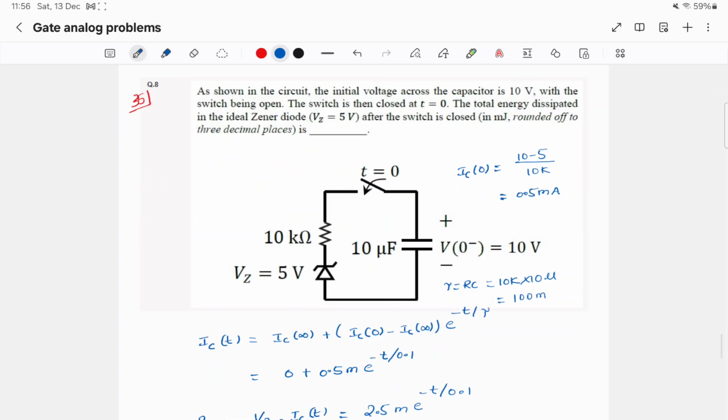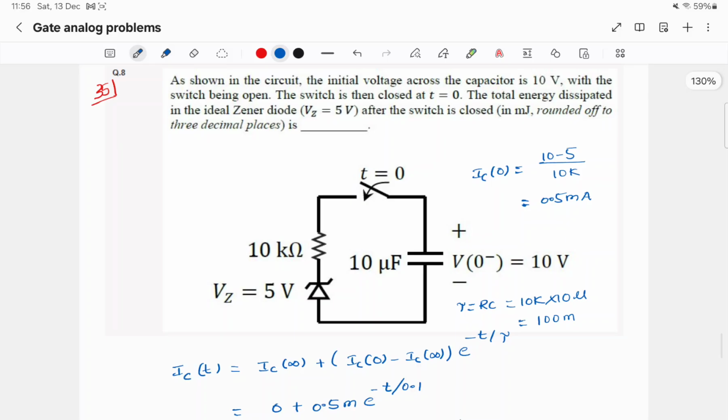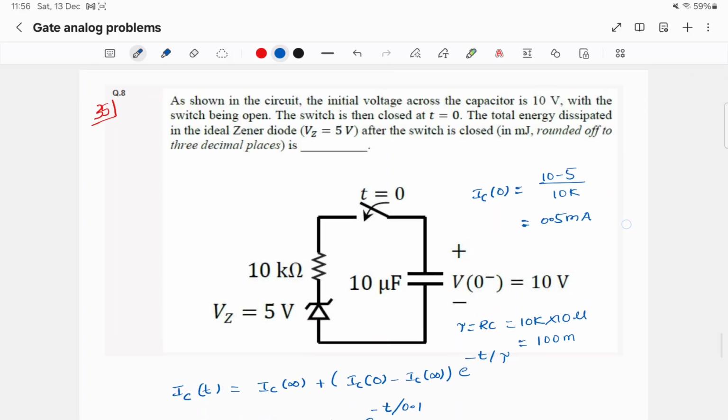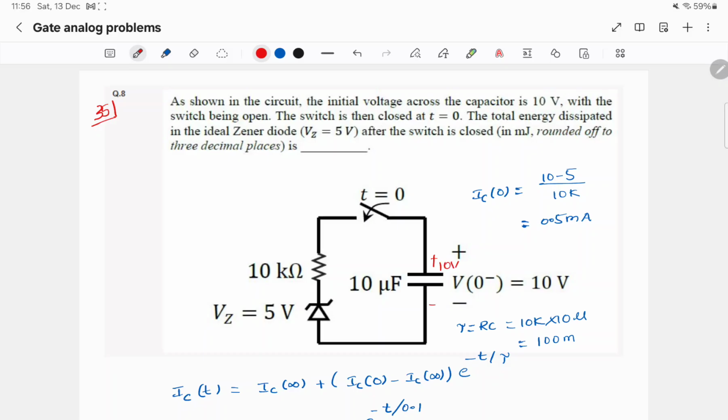So the other question is based upon zener diode. The capacitor is initially charged to 10 volts, and we have to find out the energy dissipated by the zener diode. It is given that zener voltage is 5 volts. So what will happen here is, initially the capacitor will be at 10 volts.